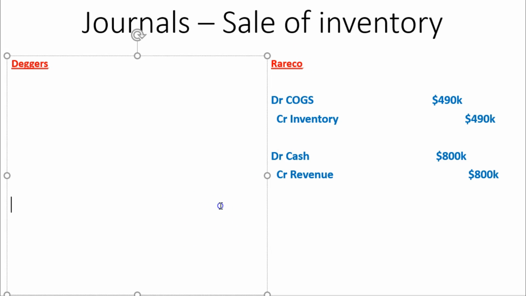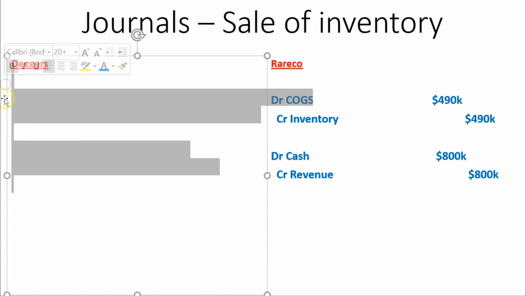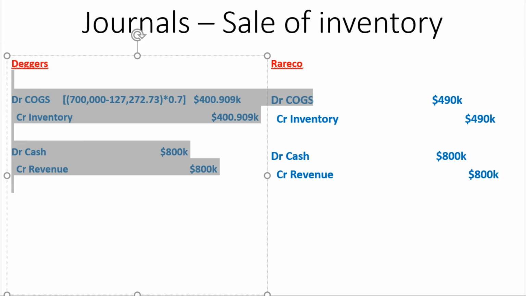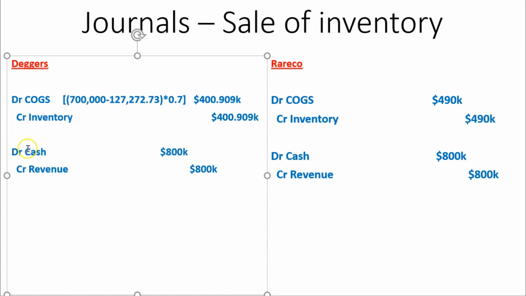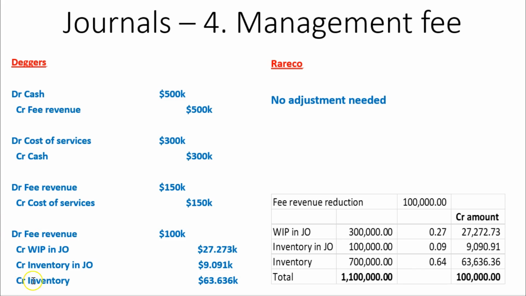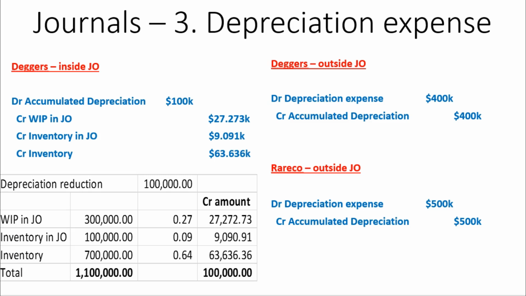But from Dega's perspective, we've just made all of those adjustments to the value of our inventory. So the debit cash credit revenue entry is exactly the same, but our COGS calculation is slightly different. We know we sold 70% of our distributed inventory, so that's this inventory account here. We know we've reduced the value of our inventory by $63,636 for our management fee adjustment and by $63,636 for our depreciation expense.